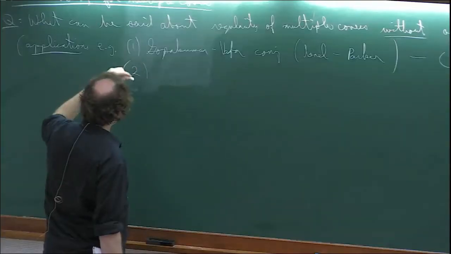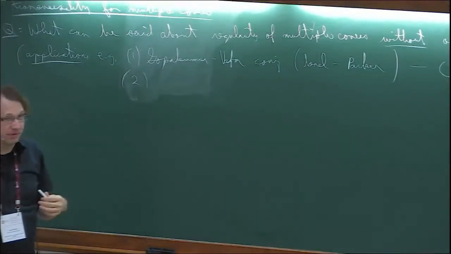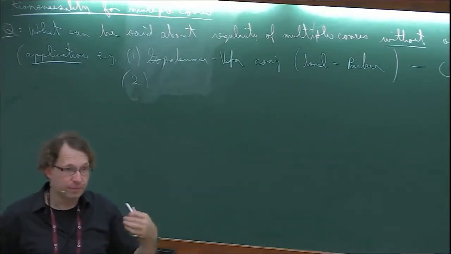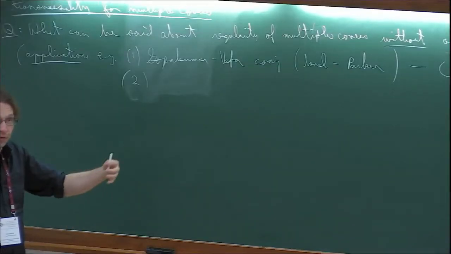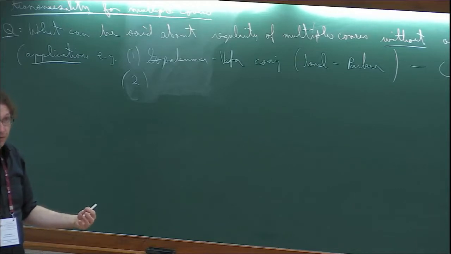So that's one example. Another example is Taubes developed some of these methods to attack multiple covers, as with the bifurcation picture that I drew earlier, in order to define this so-called Gromov invariant. And that was meant to be kind of a holomorphic curve version of the Seiberg-Witten invariance for symplectic four manifolds.